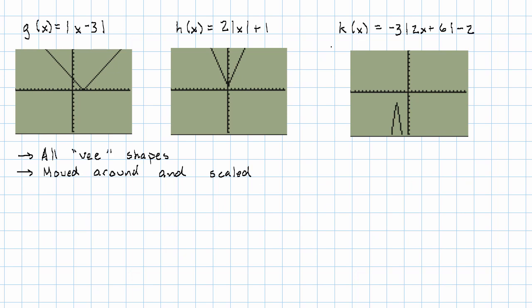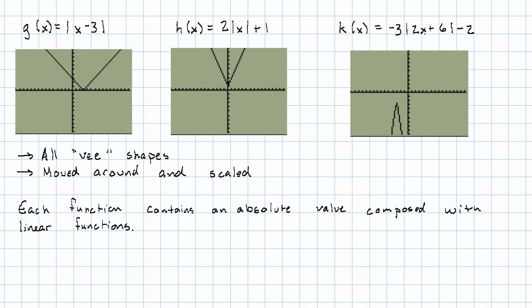And what we see in the functions is that these are functions that contain an absolute value composed with something linear. We might have a linear function inside the absolute value, outside the absolute value, or we might even have both.